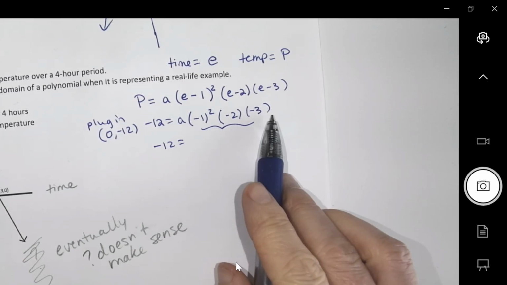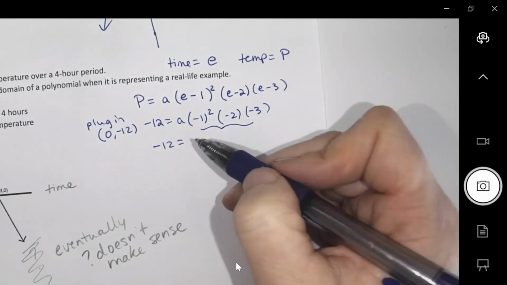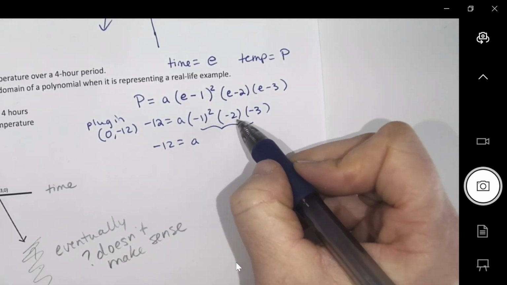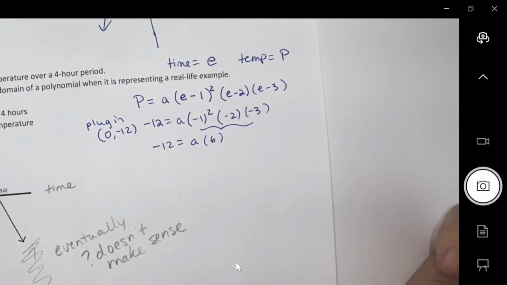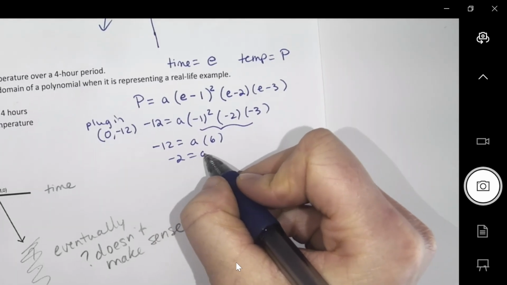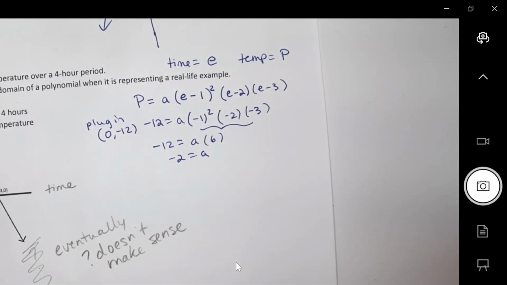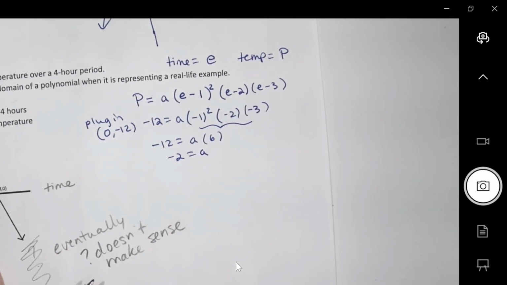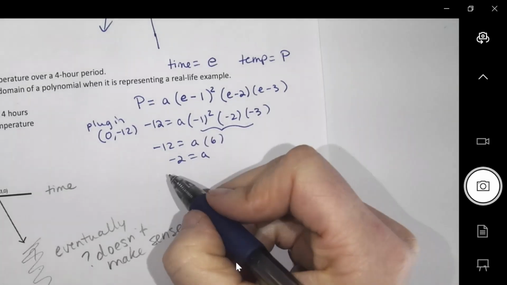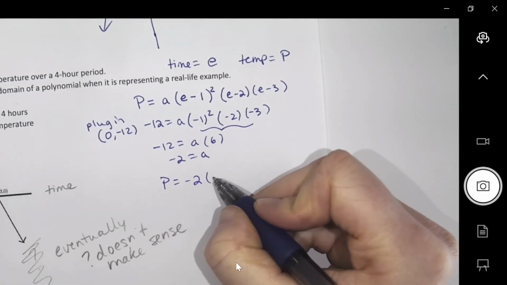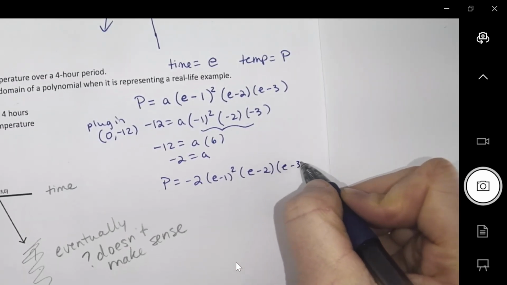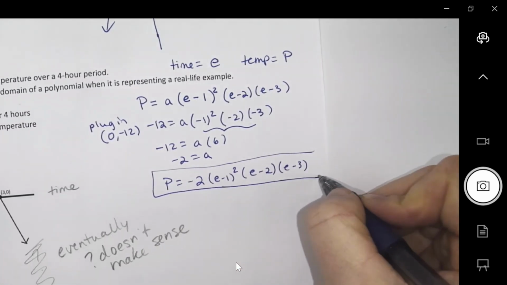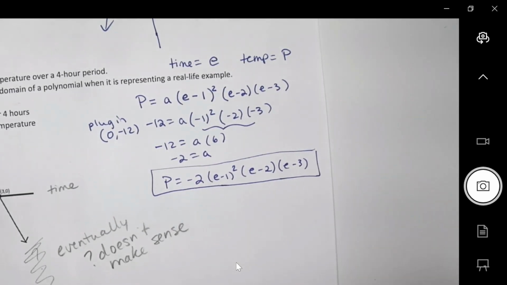Wait, what is that all going to make right there? 6. Positive 6, so A is negative 2. Does that make sense that A is negative when you look at it right away? Negative slope? Okay, so P equals negative 2, E minus 1 squared, E minus 2, E minus 3. That is my equation.